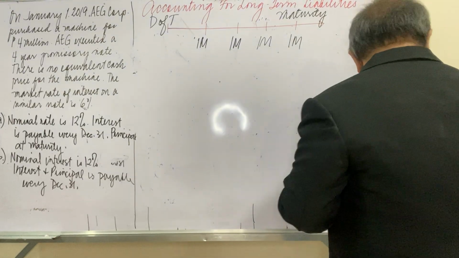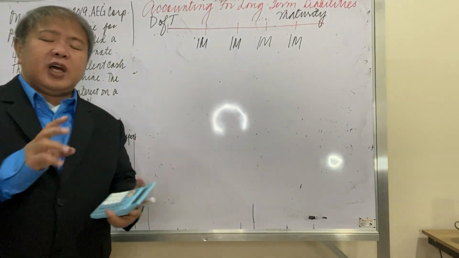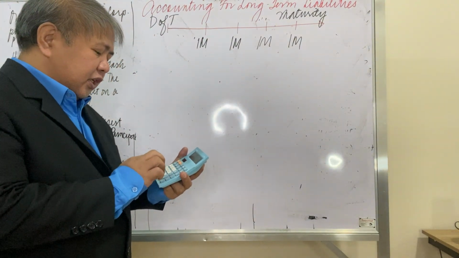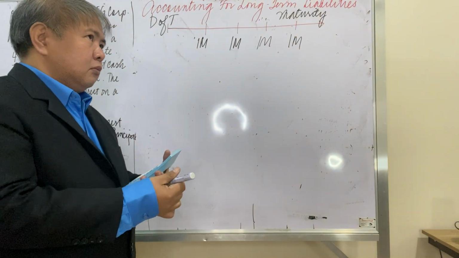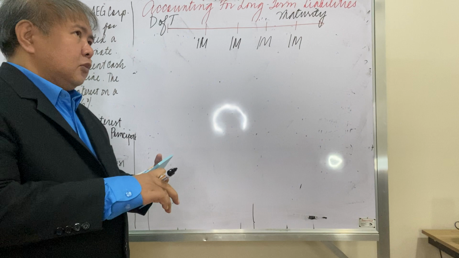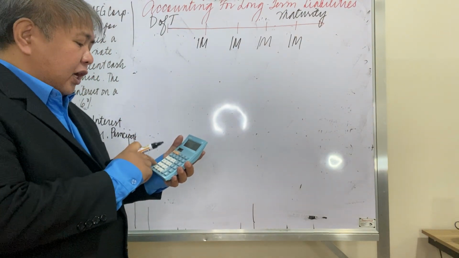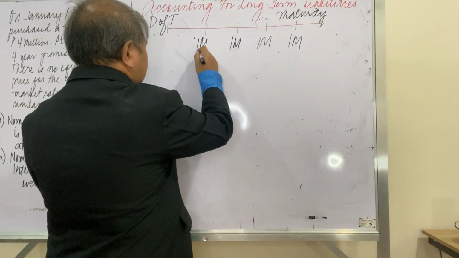So now let's compute for the interest. In the first year, the outstanding obligation is 4 million, so 4 million times 0.12, which is 480,000.